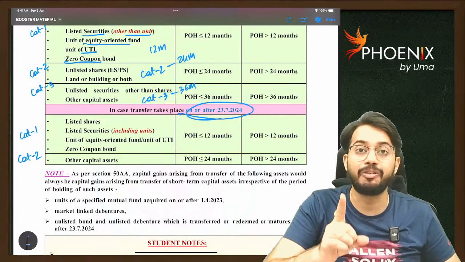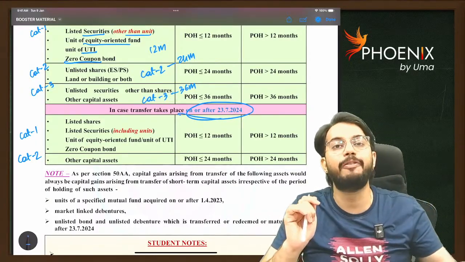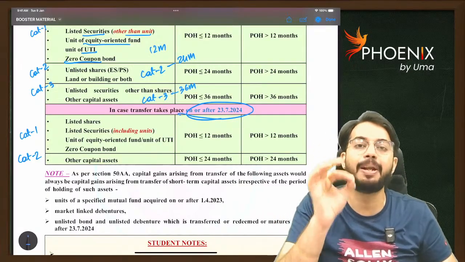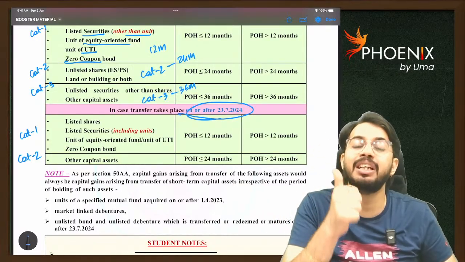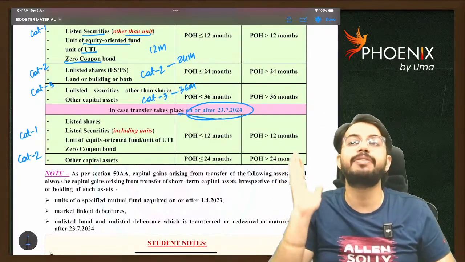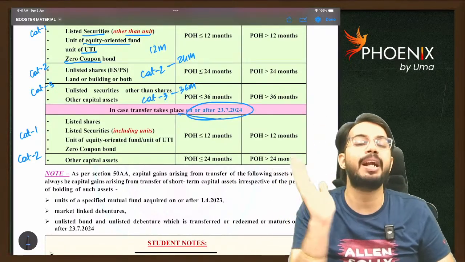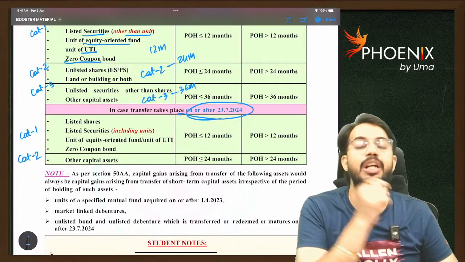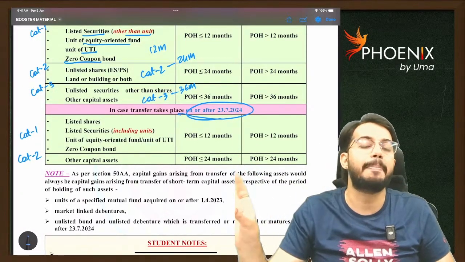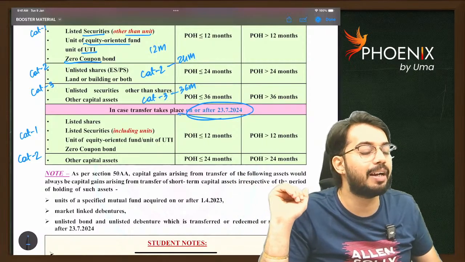I say they will ask a question. It was also asked in May 25. It will also be asked in September 25. Whenever you read a capital gains question, what is the first thing that you need to check? Date of transfer. If date of transfer is before 23rd July, separate tax rates, separate classification. If date of transfer is after 23rd July, separate tax rates, separate classification. Are you able to understand?